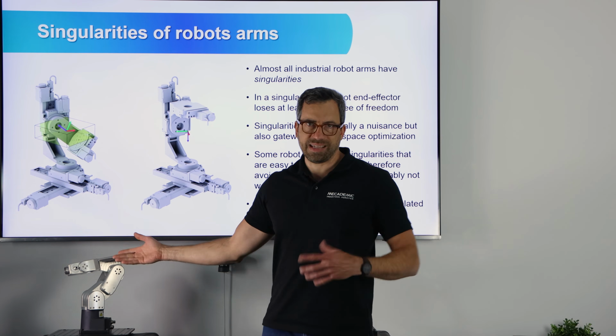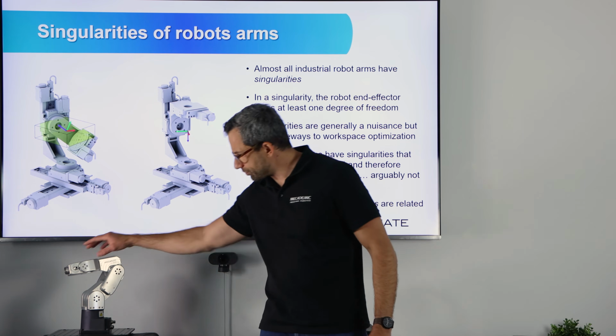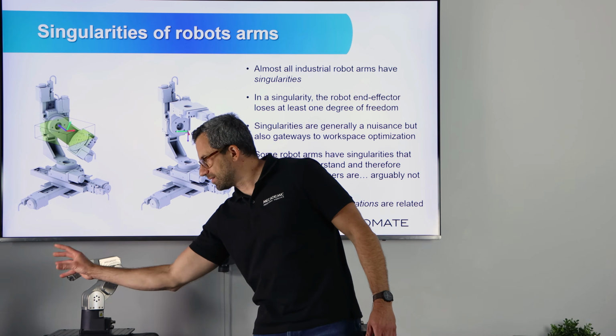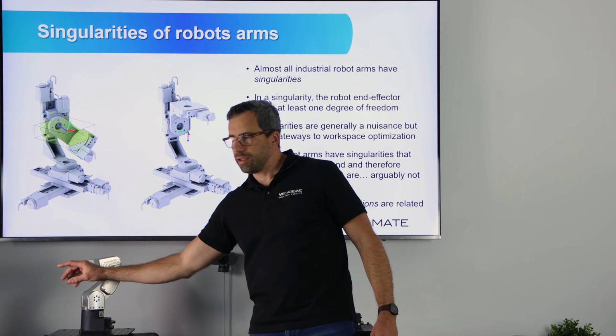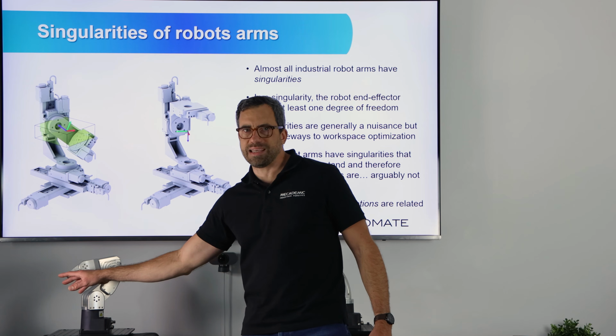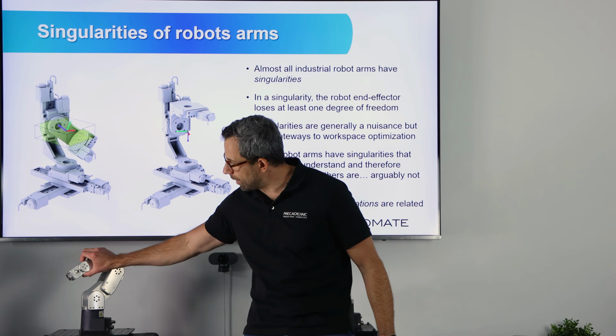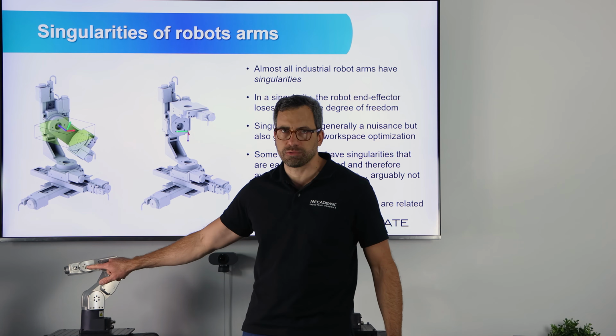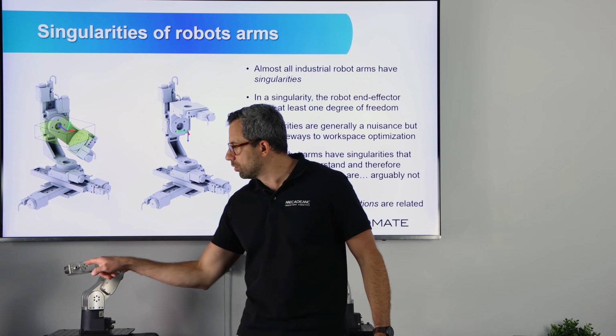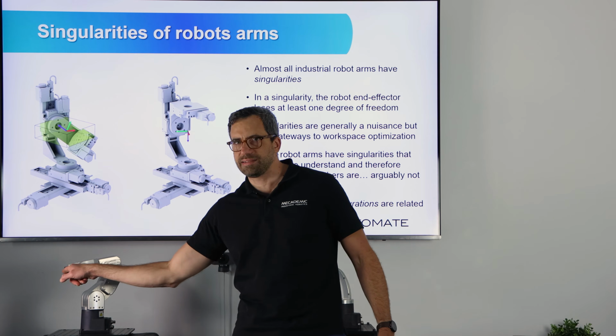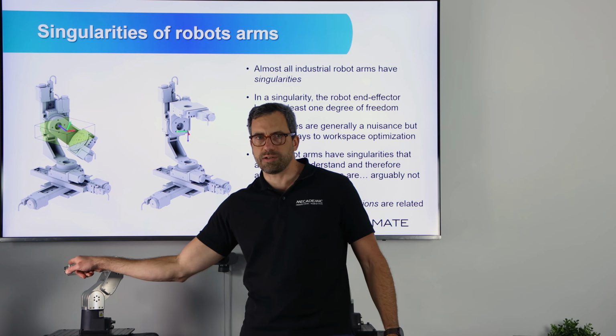So this one is a 6-axis industrial robot. It has 6 degrees of freedom for displacing its end effector. But in a singularity, for example, when joint 5 is equal to 0 degrees, you lose the ability to translate the end effector in this direction.